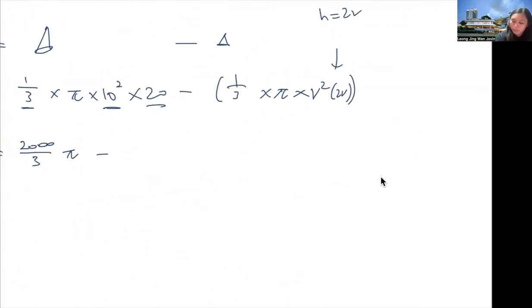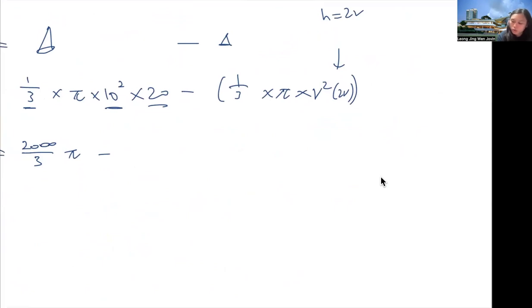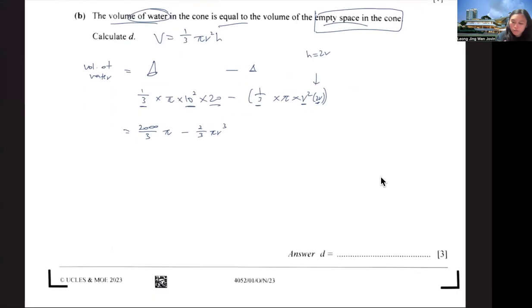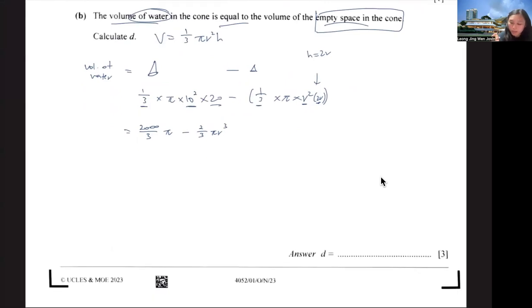Then now I can simplify this: 1/3 times 2, you get 2/3. So 2/3 pi r cubed. Pi stays as pi, r cubed, why? Because here is r squared, here is 1r. R squared times r, you get r cubed. So that is the volume of water. That's only the front part over there. Next, I need to find out the volume of empty space.